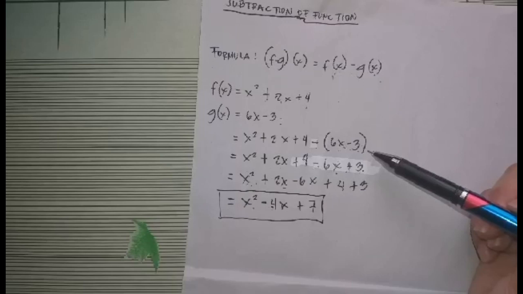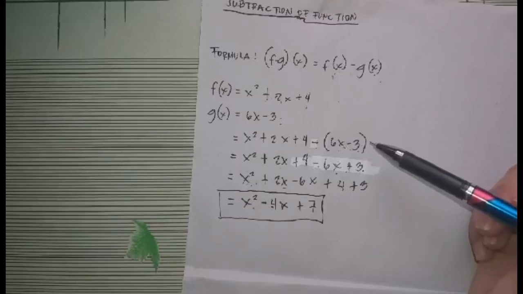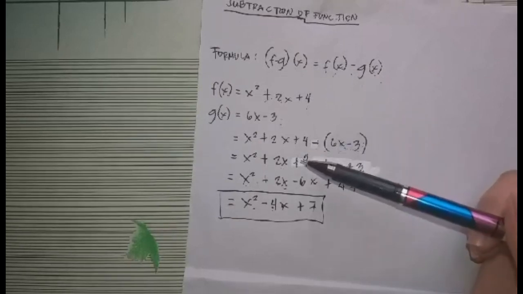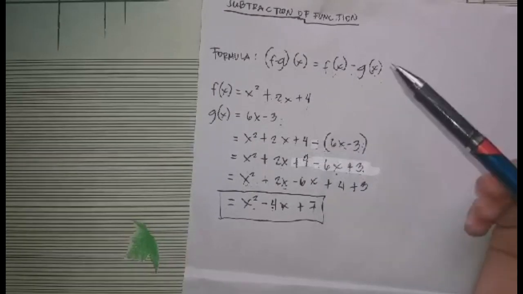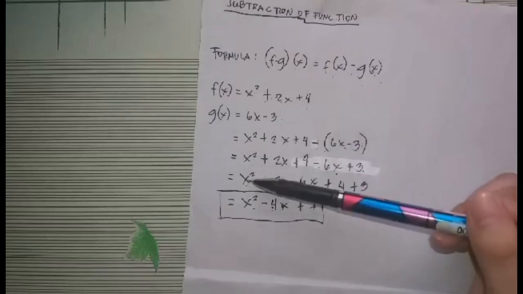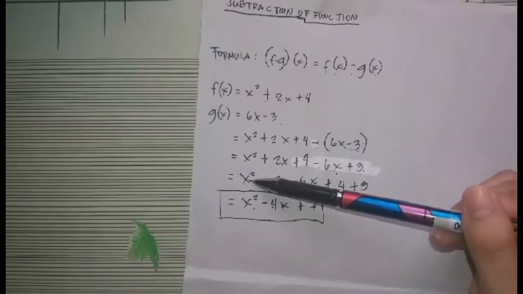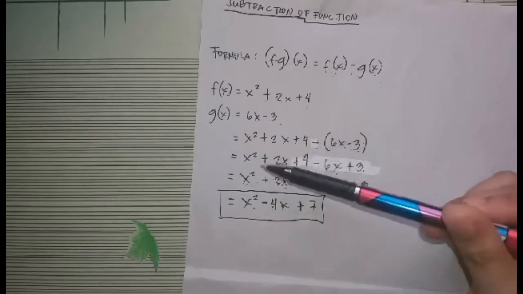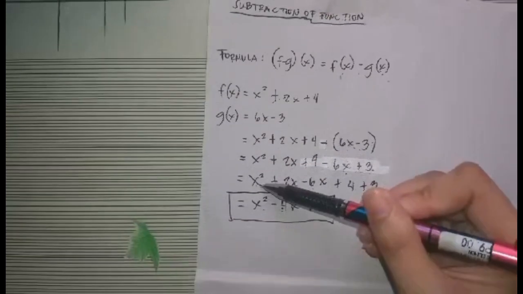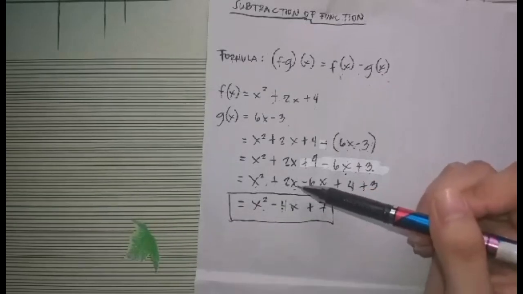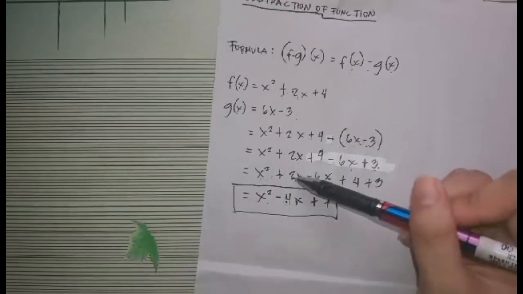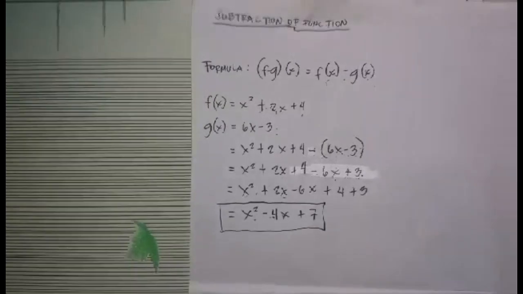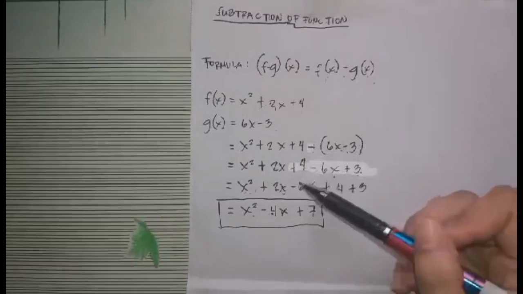So let's combine the like terms. This is equal to, let's start with the highest exponent of x, which is x squared. So let's write x squared first. Then we'll go down to x. So we have 2x and then negative 6x.